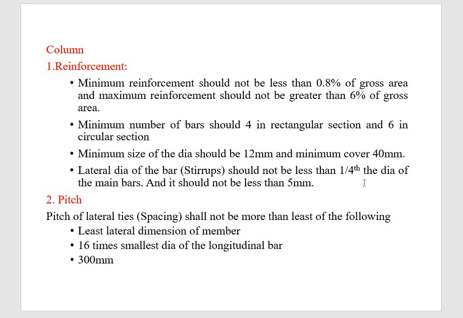Stirrups should not be less than 4 mm, but we don't usually use 4 mm dia bars for stirrups. We should follow the codes. The minimum dia will be 8 mm. So that is an important point here.